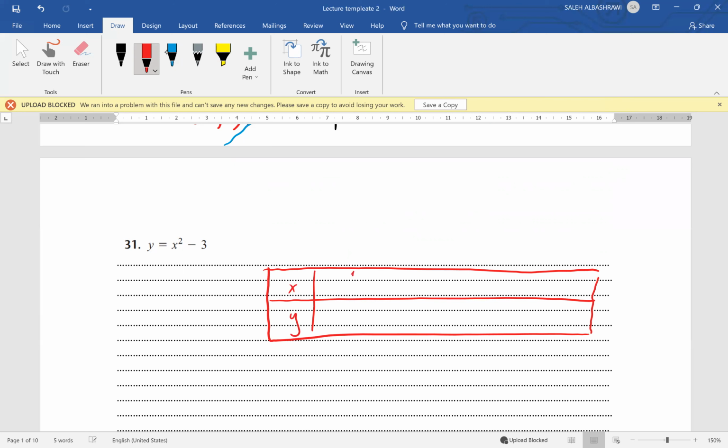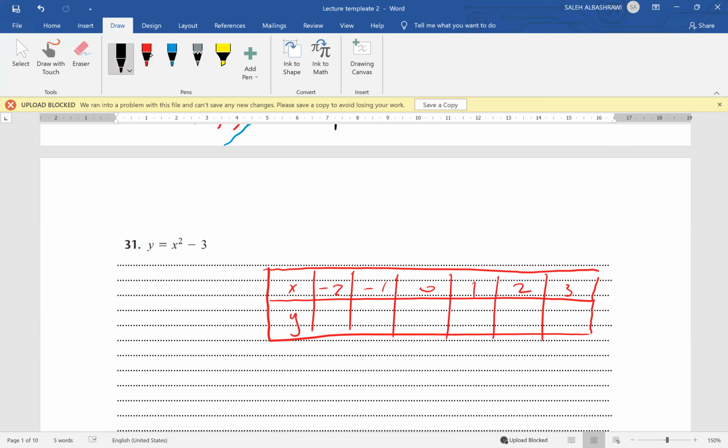Independent means I can select values for x, but y we have to find from the equation. So if I choose, for example, minus 2 for x, minus 1, 0, 1, 2, and 3, I can choose any values for x. But in general, we choose small values so that it will be easy to graph it. Now for y, I have y equal to x squared minus 3.